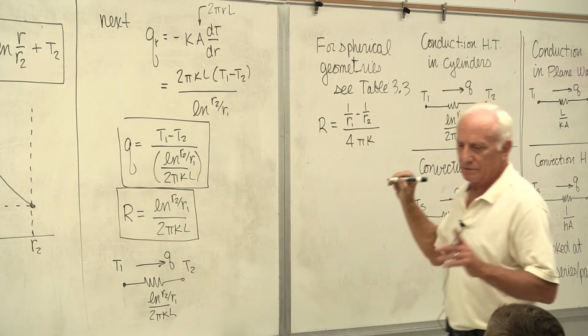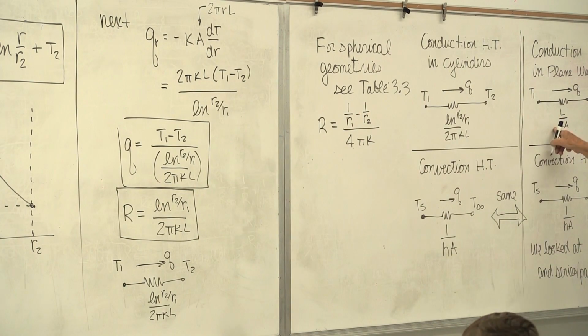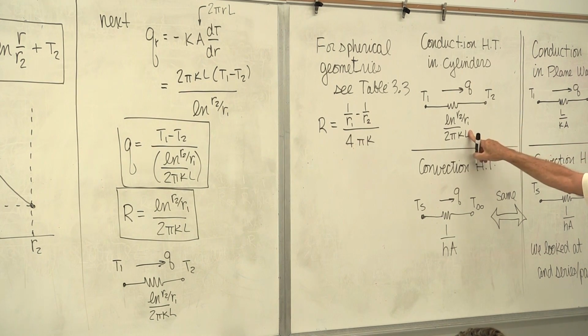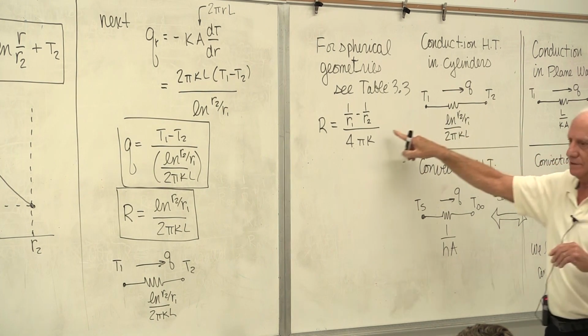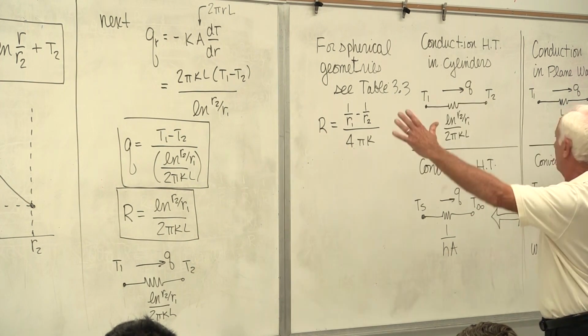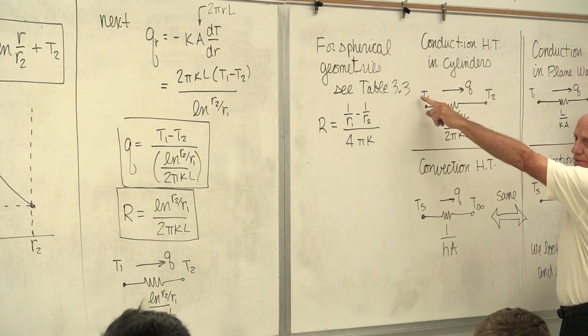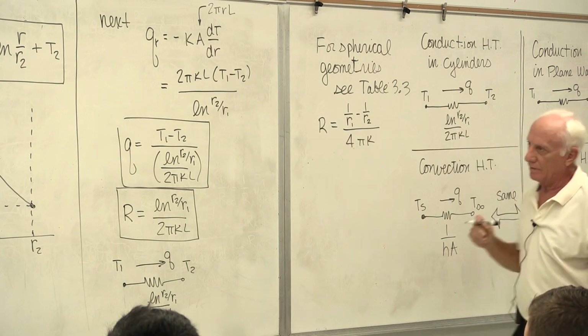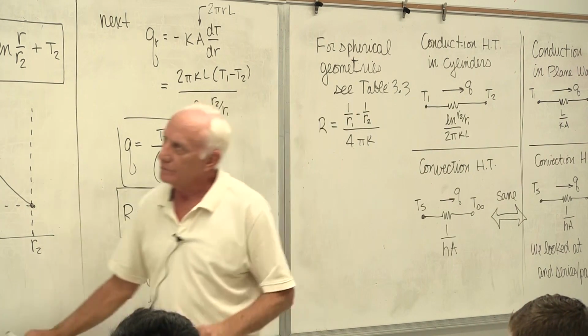So you've got the resistance for a plane wall here, resistance for a cylinder, pipe or a tube here, resistance for a sphere here. Okay. All this stuff appears in table 3.3. Okay. Back to 3.6.